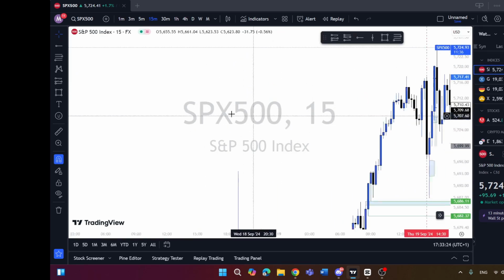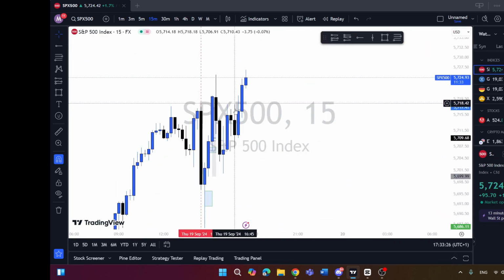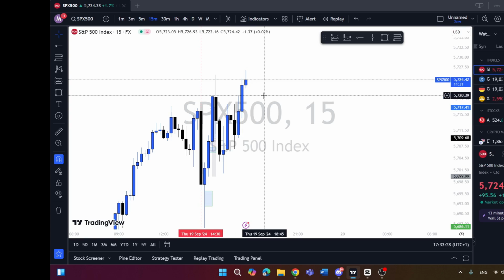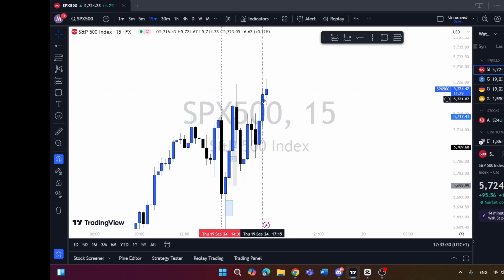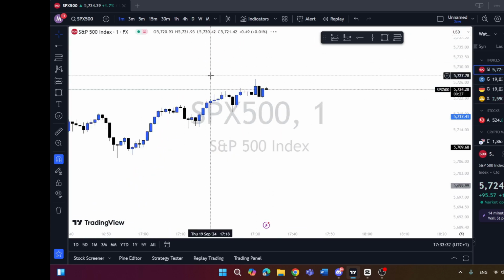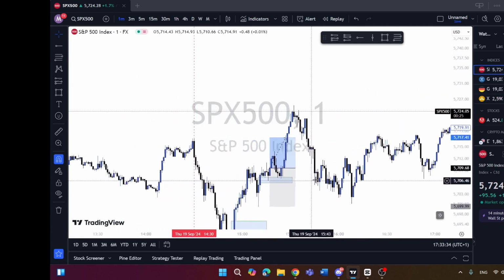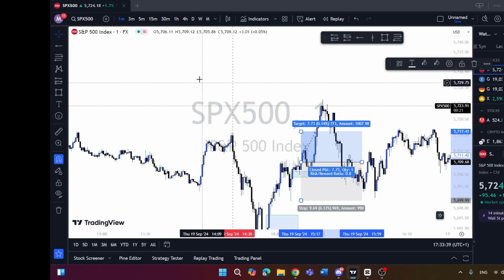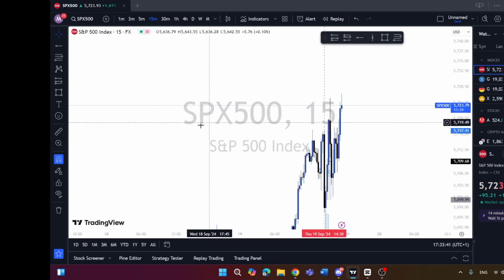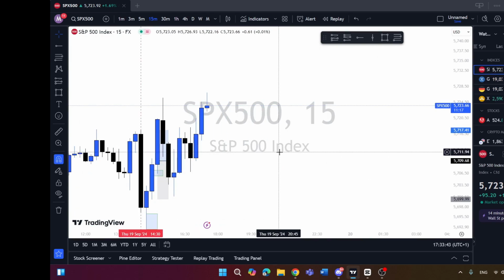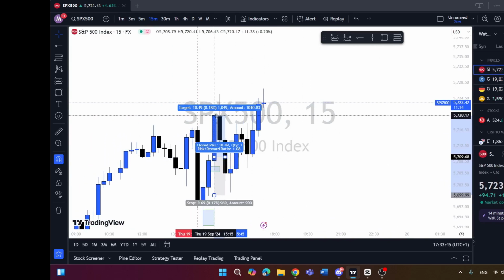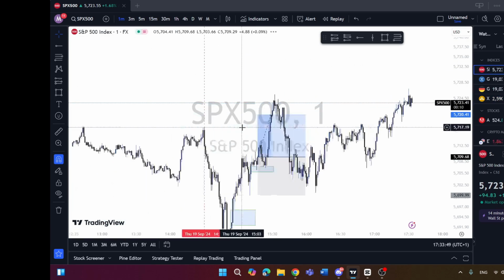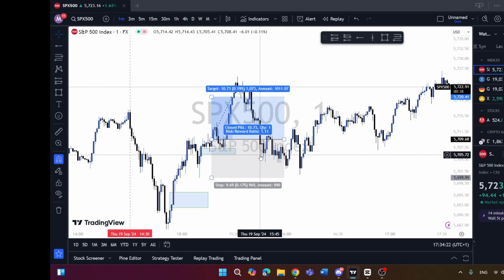I just used TP1 as this is an all-time high. So I looked into what the liquidity is. The highest liquidity was this here, which would have been a 1.11.